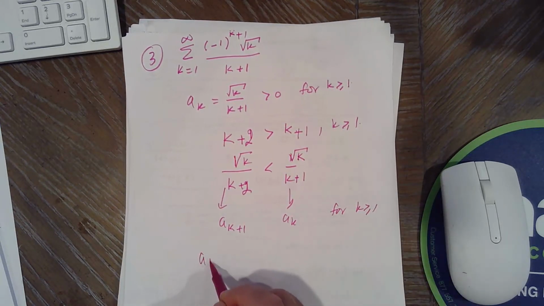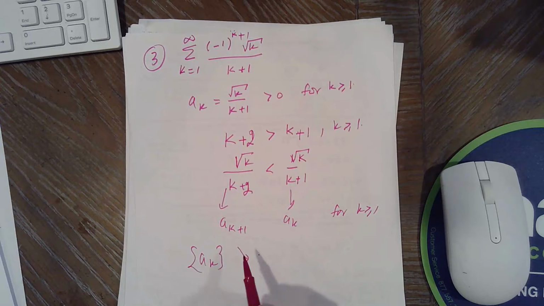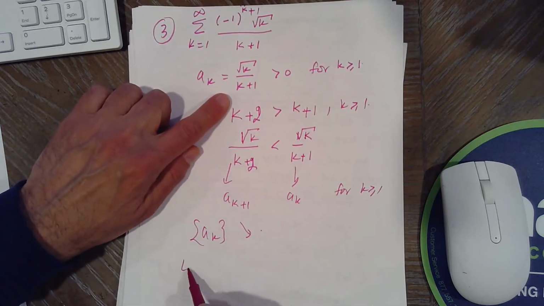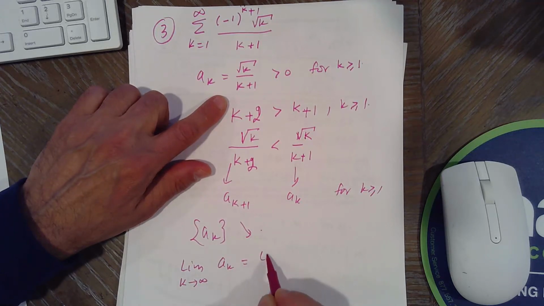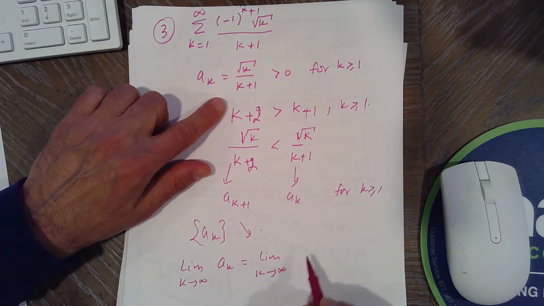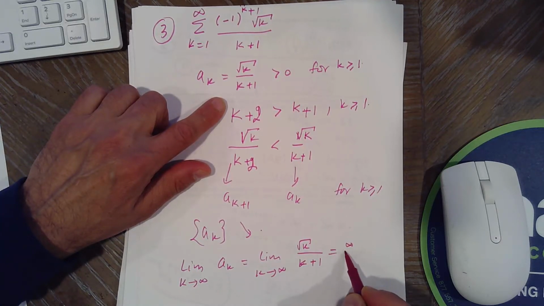So that sequence is decreasing, and the limit as k goes to infinity of root k over k plus 1 is infinity over infinity.